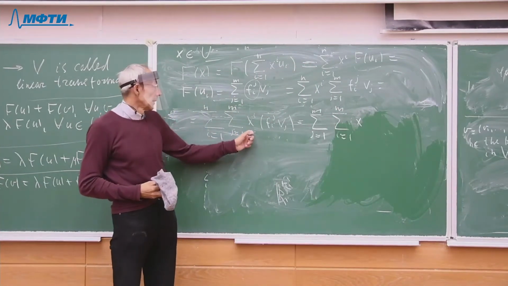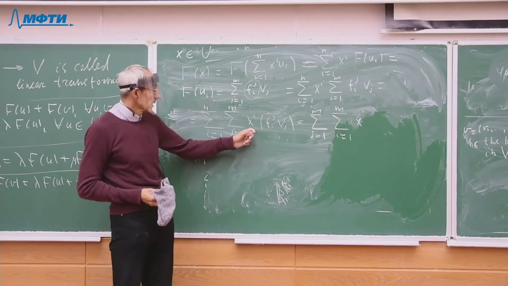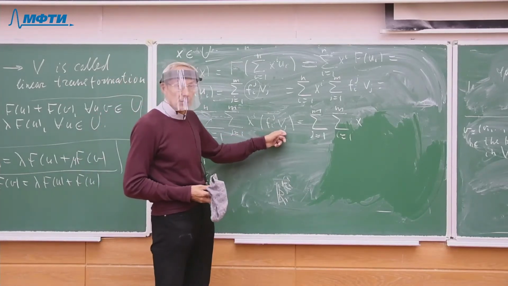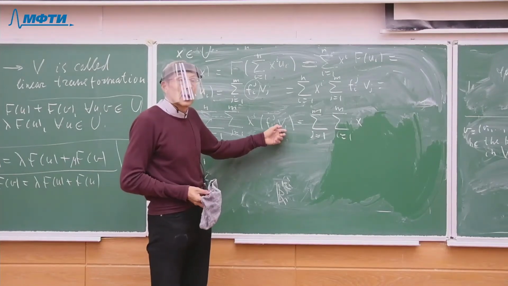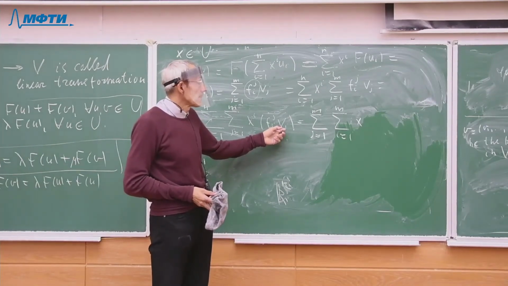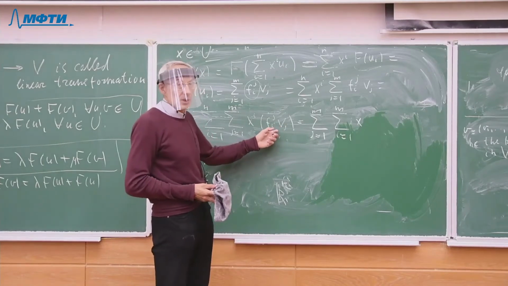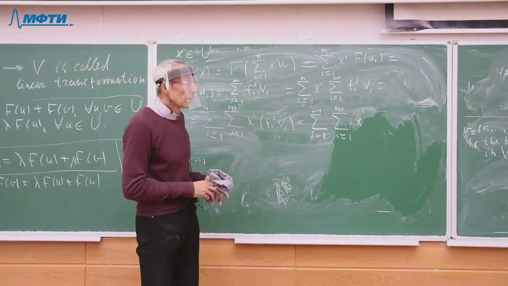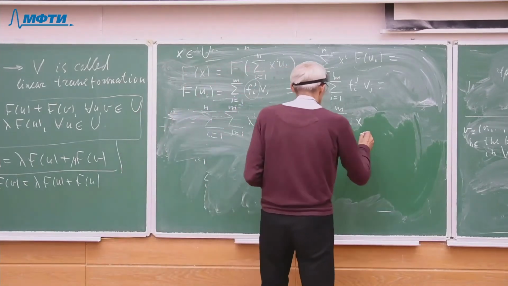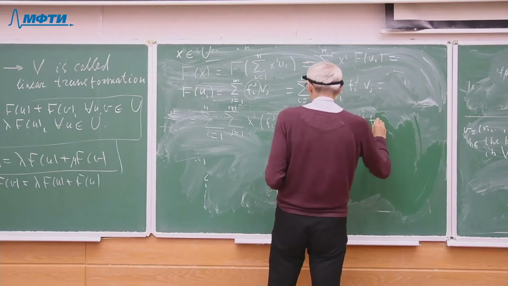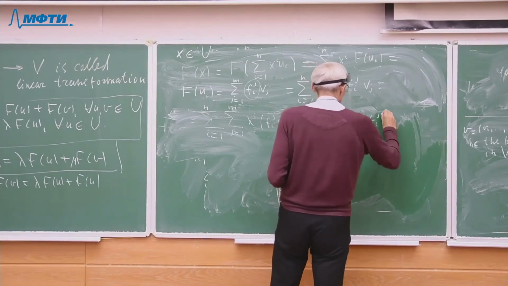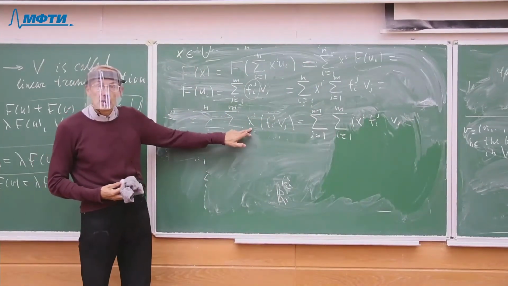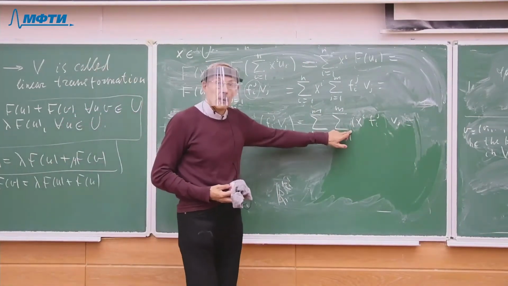And I have the scalar product of this number on the vector. Then I can use the axiom of scalar product, and I can rewrite this scalar product in the following form. Do you understand this transformation?